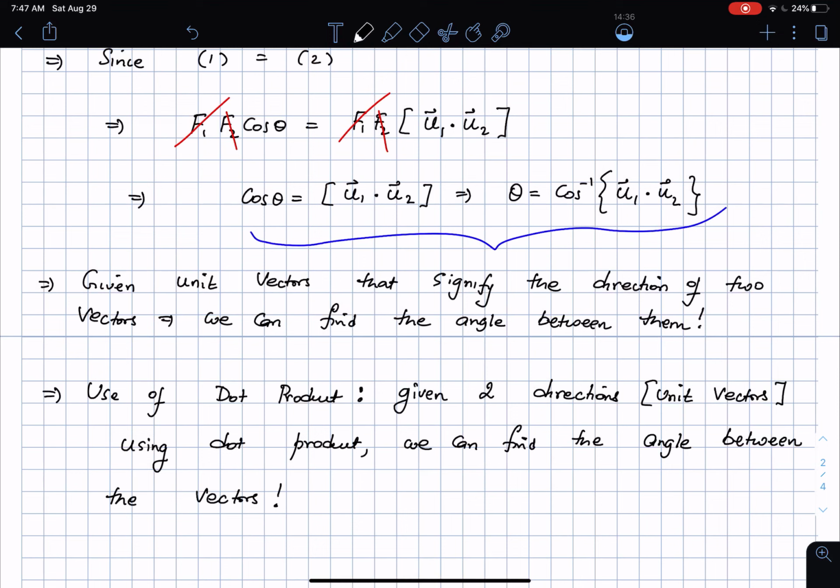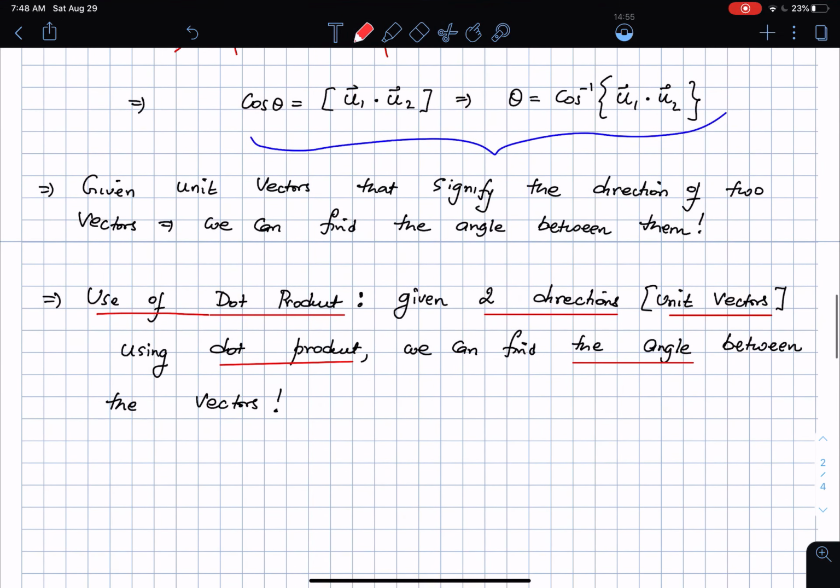Okay, this is really, really nice. This is very useful in many problems. Okay, so given two directions or given two unit vectors, you can find the angle between the two using the idea of dot products.